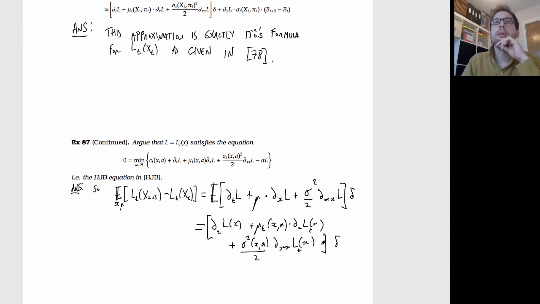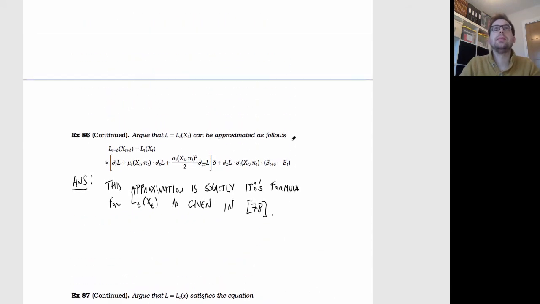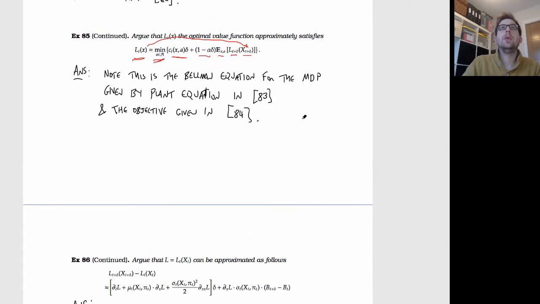So what am I going to end up putting in this expression over here? I'm going to have c of t, x of t, a times delta, and then I'm going to have L of t plus delta, x of t plus delta minus L, minus alpha delta lots of this expression.